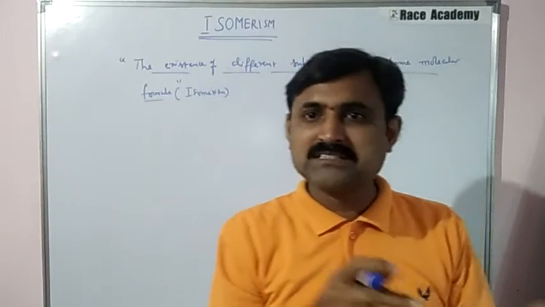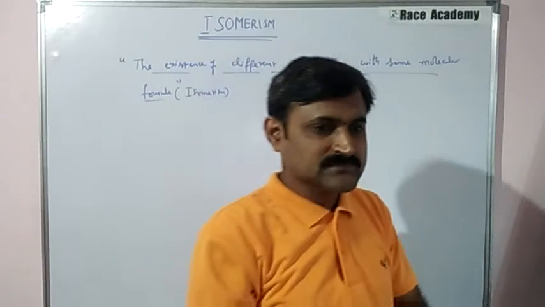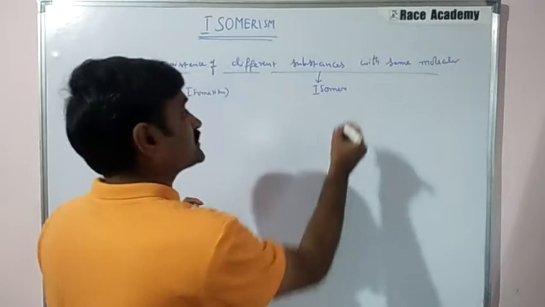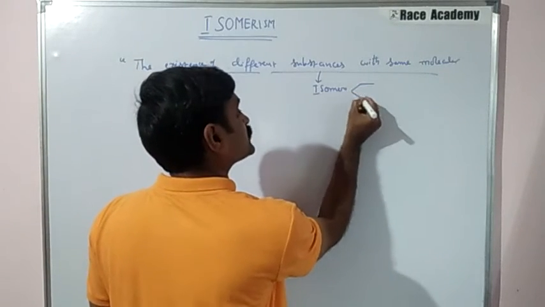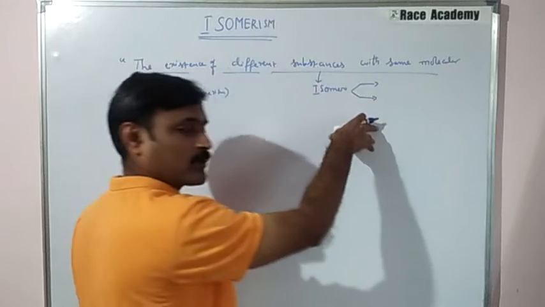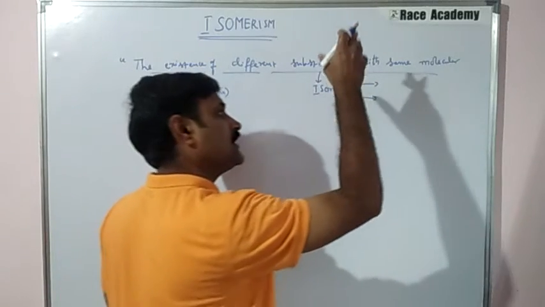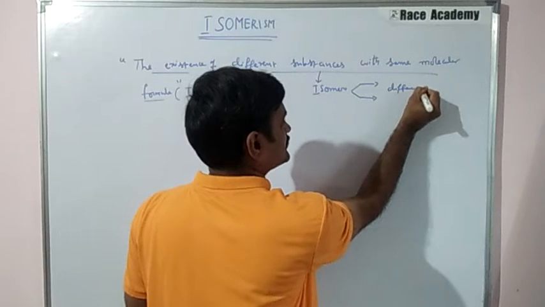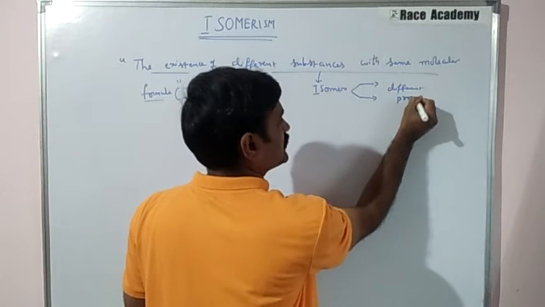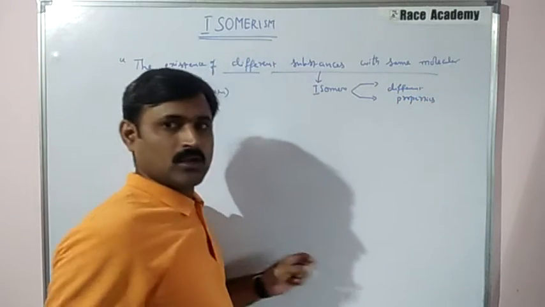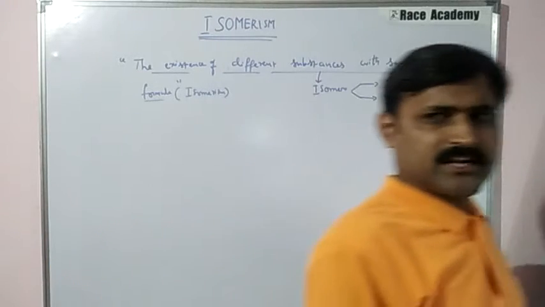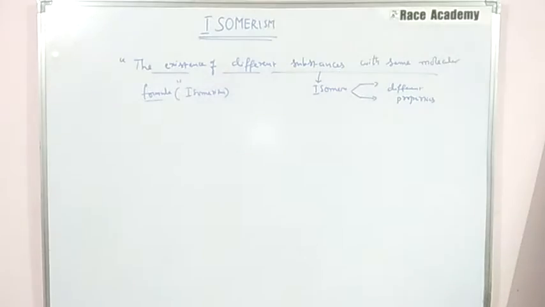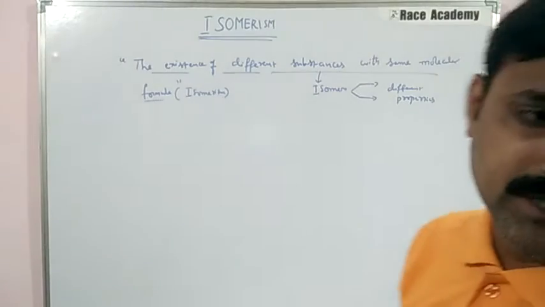And these isomers have different physical and chemical properties. So the importance of these isomers is they have different chemical properties and different physical properties. Usually in chemistry we talk about properties, nothing but chemical property as well as physical property. Okay.